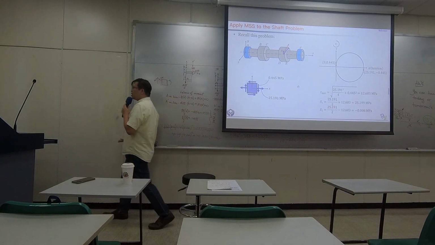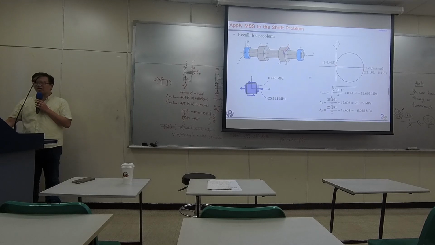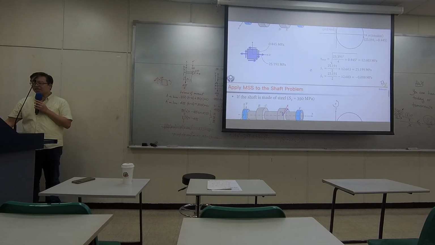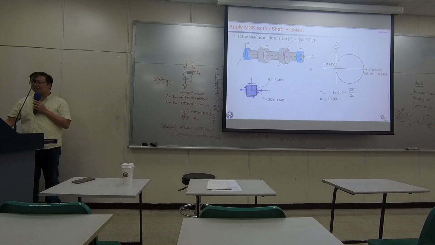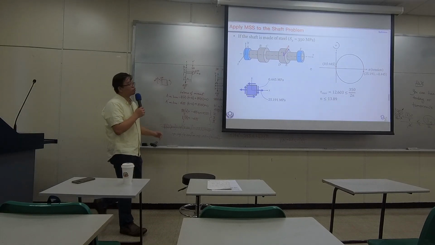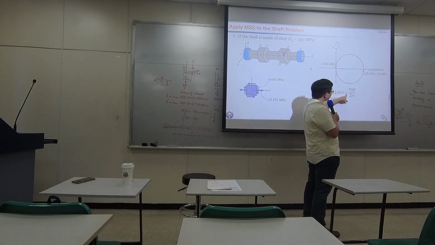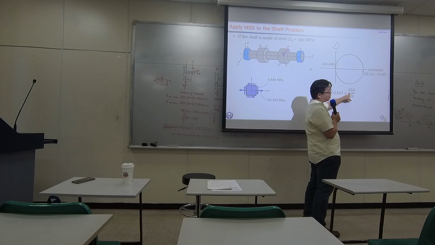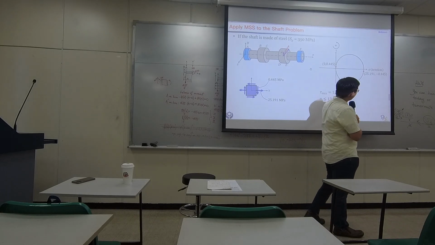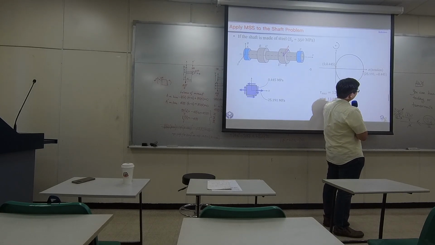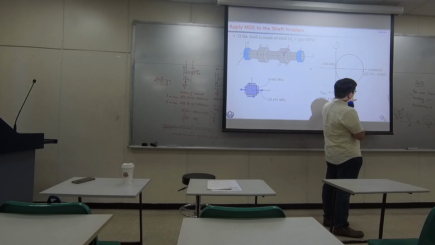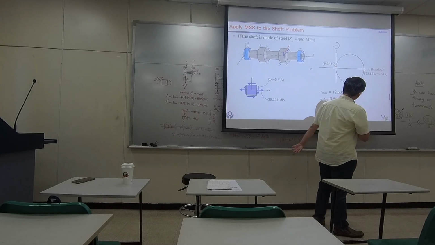So how do we apply the design model, maximum shear stress, to the problem? Basically, the idea is easy. I just want to make sure the maximum shear is smaller than half of the yield strength. So if I'm using a material with yield strength of 350, I just divide the value by 2, and I apply a safety factor N on the bottom of the right-hand side.